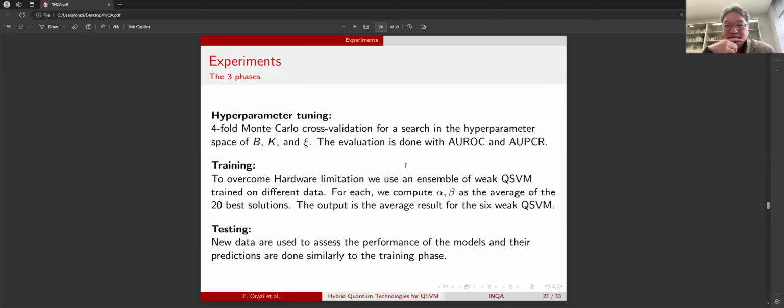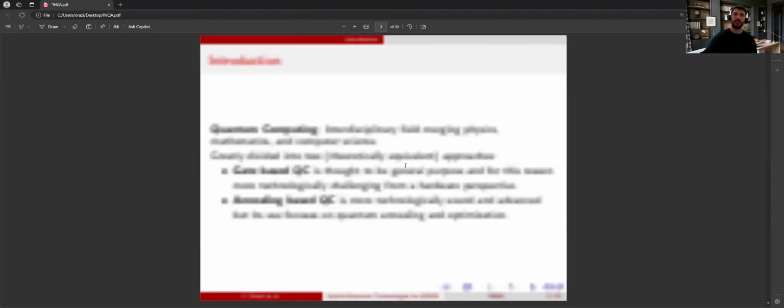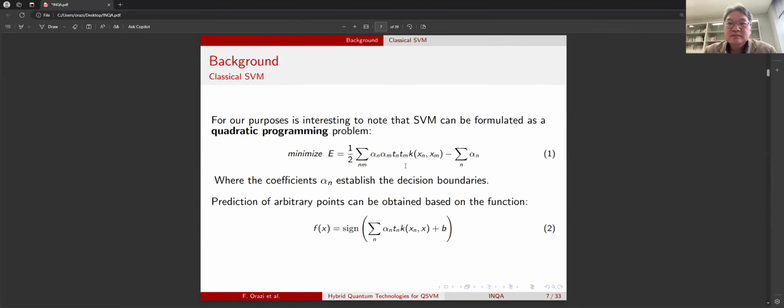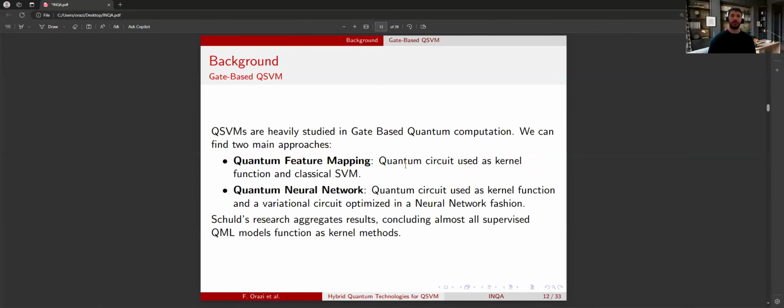But one other thing I want to add is that we only utilized one of the 2 approaches for the quantum gate-based support vector machine. And the other one is the quantum neural network.